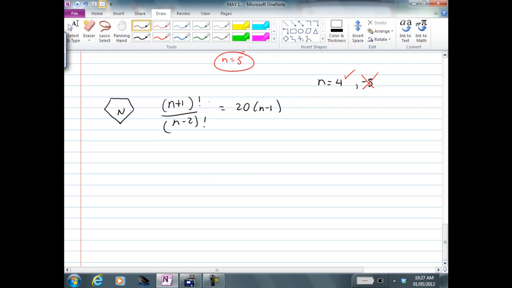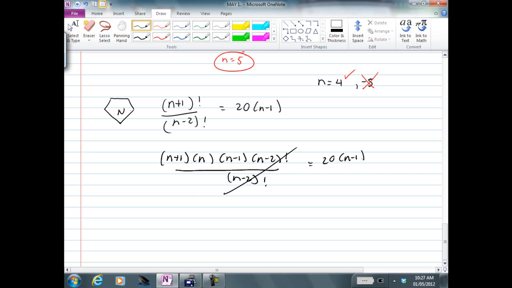I'm going to show you all how this came about. Right off the bat, I go (n plus 1) times (n minus 1) times (n minus 2) factorial over (n minus 2) factorial. These cancel out, equals 20 times (n minus 1). If you multiply out 20 times (n minus 1), you're on the wrong track.